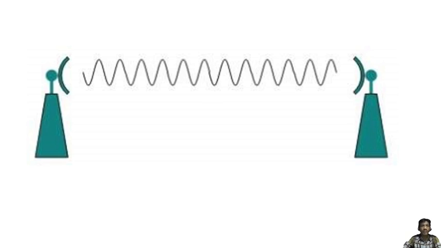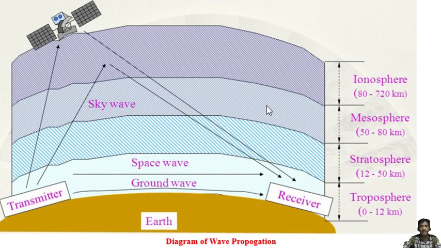One more point we have to explain before going to wave propagation is this diagram. In this case, here is the transmitter, receiver, and earth. This is the atmosphere. Here is the satellite.